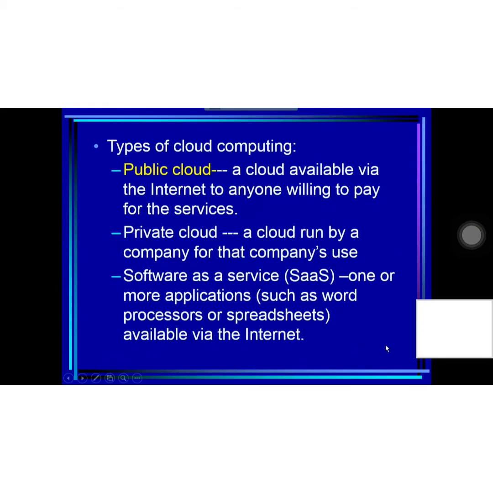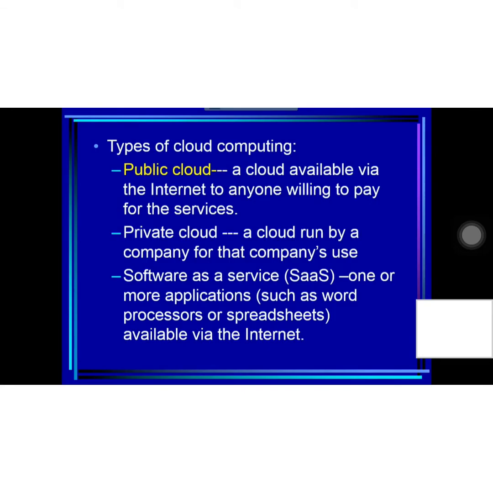There are actually many types of cloud computing, including the following. Public cloud, a cloud available via the internet to anyone willing to pay for the service. Private cloud, a cloud run by a company for that company's own use.